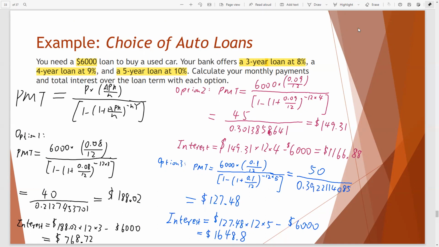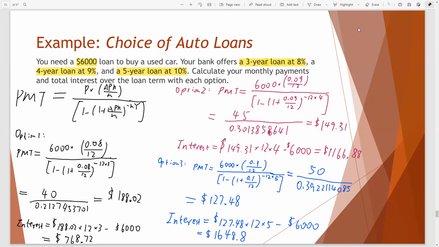Even though you have the lower monthly payment from $188 for only 3 years borrowing, to $149.31 if you borrow it for 4 years, $127 if you borrow 5 years, right? Every month you're paying less.